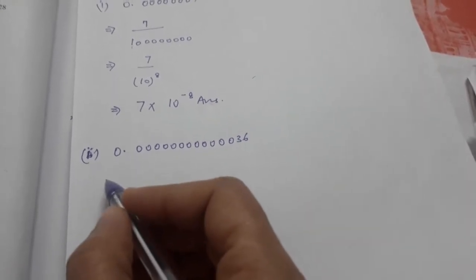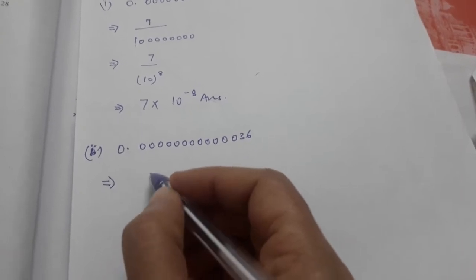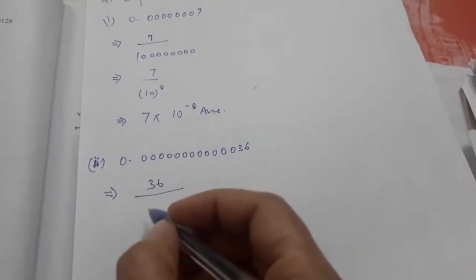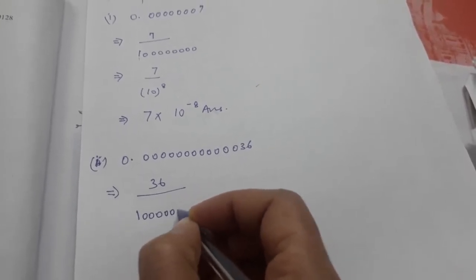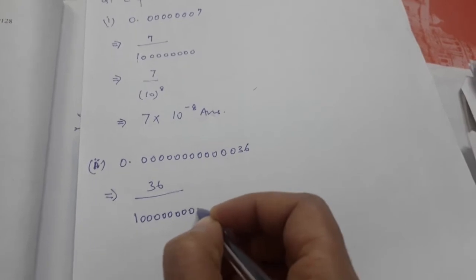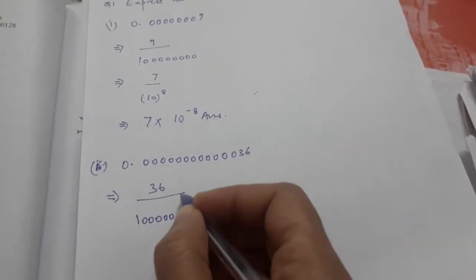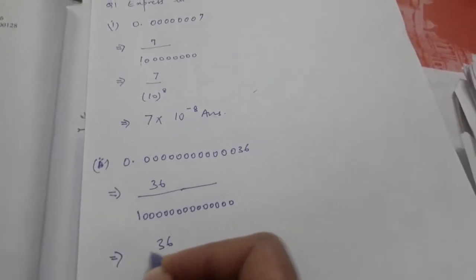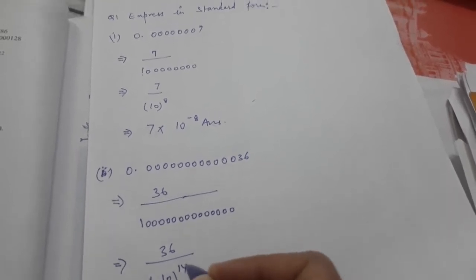So first of all, we will change it like we did in our first part, 36 by 1 followed by 1 2 3 4 5 6 7 8 9 10 11 12 13 14 zeros. In our next step we can write it as 36 by 10 raised to the power 14.